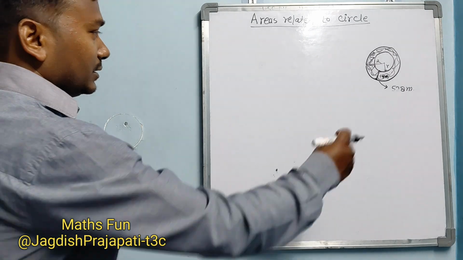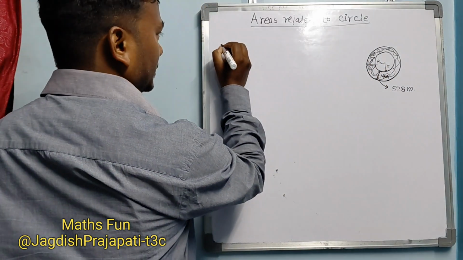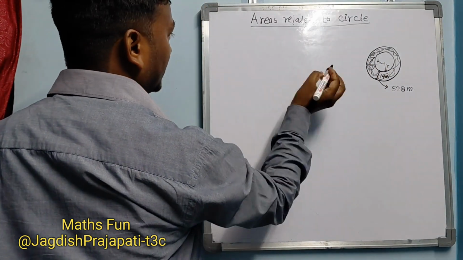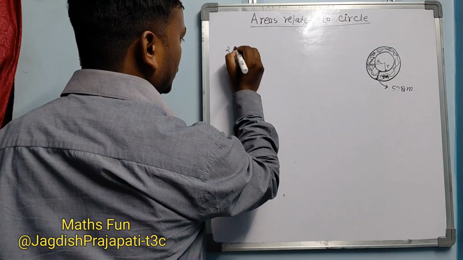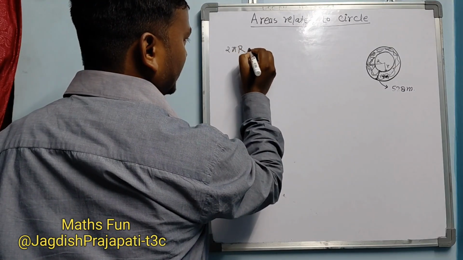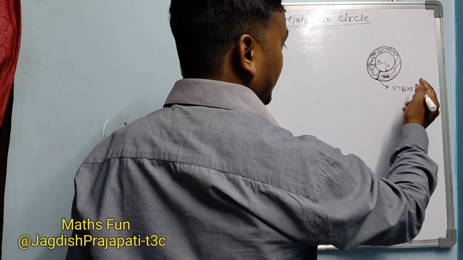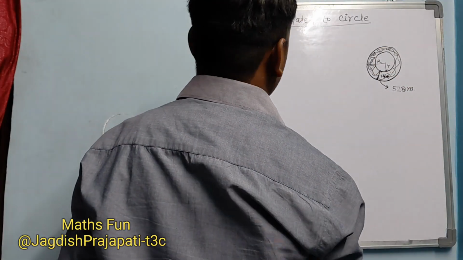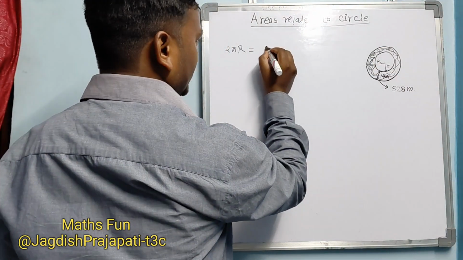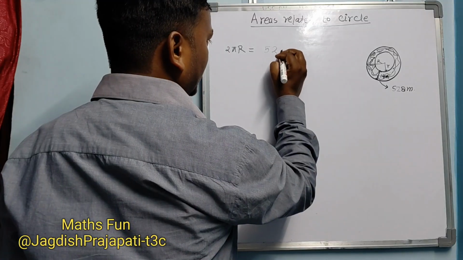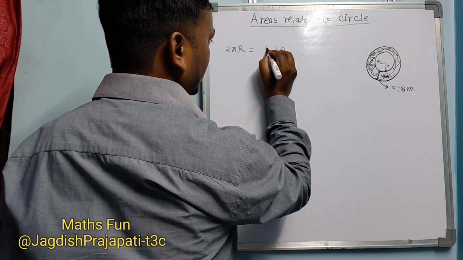Okay, so according to the figure, 2 pi capital R is 528 meter, because the outer circumference is 528 meter.